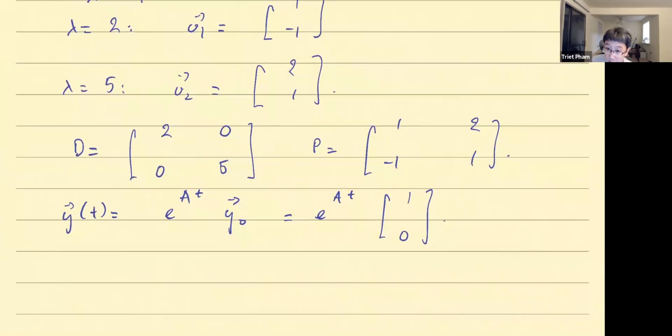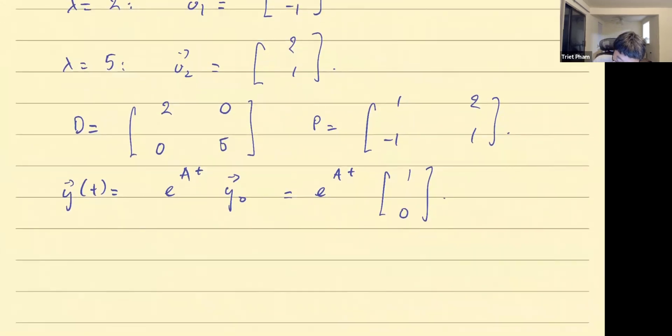So what's e to the At? First, e to the At is e to the P D t P inverse. T is a scalar, so I can put it anywhere I want.